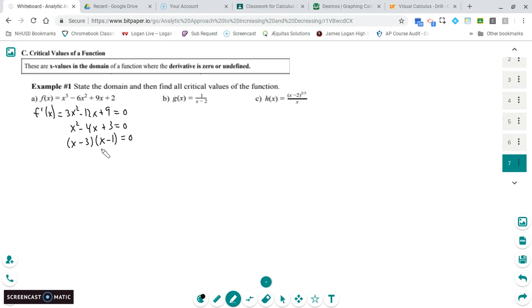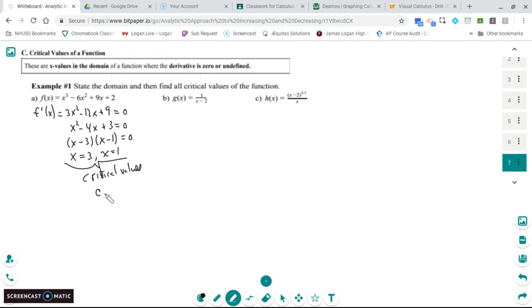And that gives me two roots. So I have two critical values at x equals 3 and x equals 1. These are my critical values. All right, so in general, I probably will just abbreviate critical values as CV.